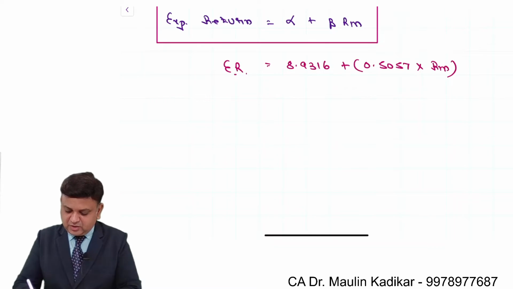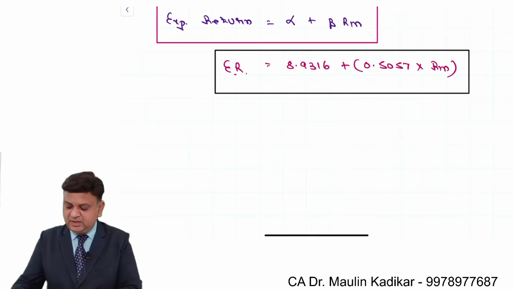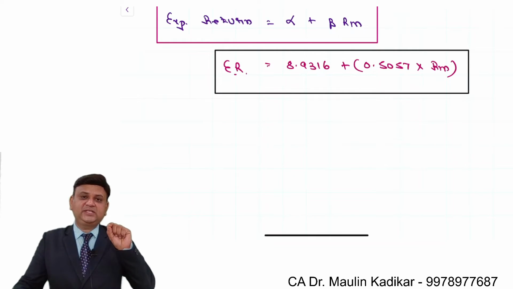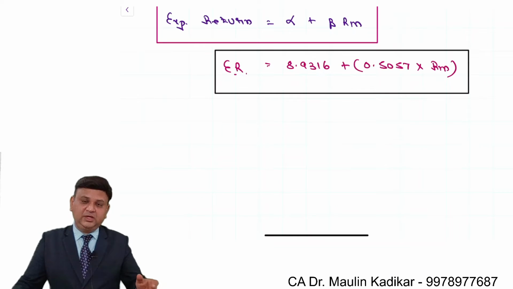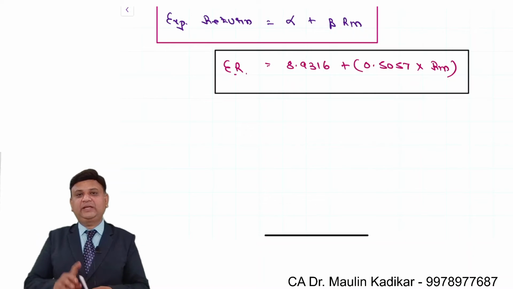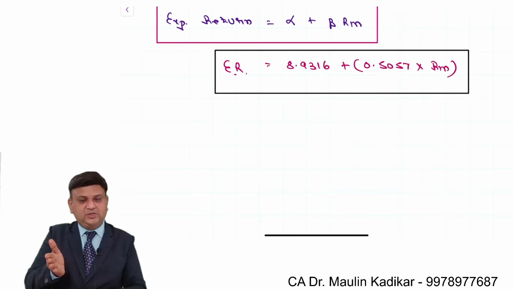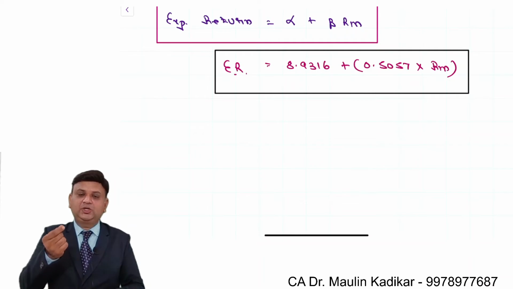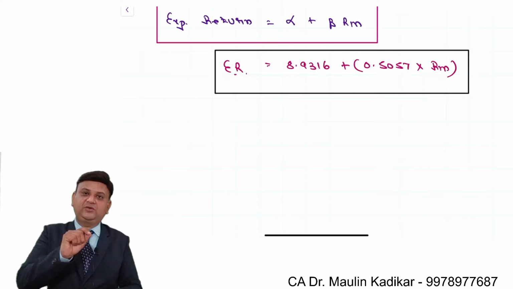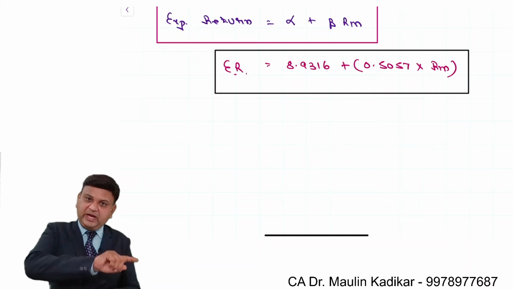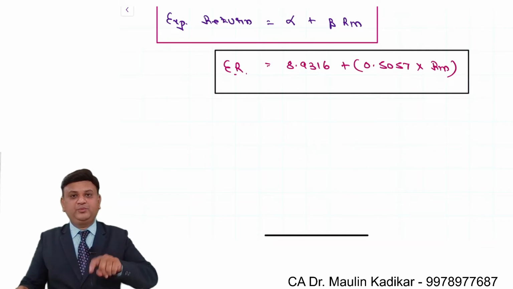See, understand logically that 8.9316% is the return from the security when Rm is 0. Now, whatever is the value of Rm is the change in Rm. If the return on the market portfolio is, let us say, 6%, then 0 to 6, what is the change? 6. So 6 into 0.5057 is added to 8.9316 to compute the expected return.